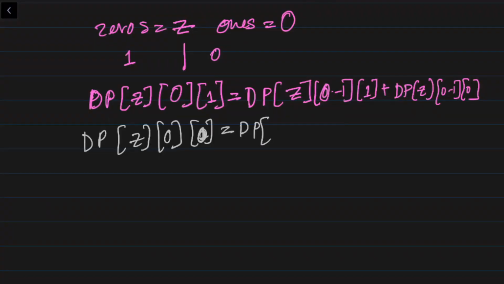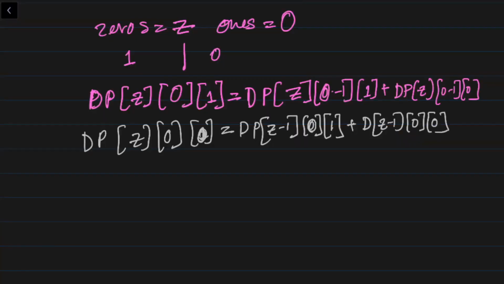So if it ends with 0, previously we have already placed z minus 1 zeros, and we have already placed all the ones. Either it can end with 1, or it can end with 0. For a simple condition, the summation of these two will give us the length.